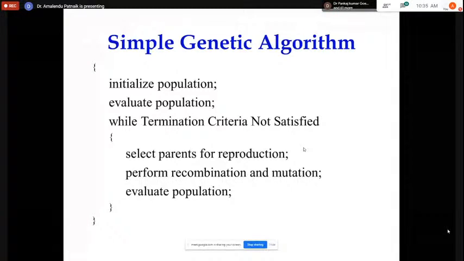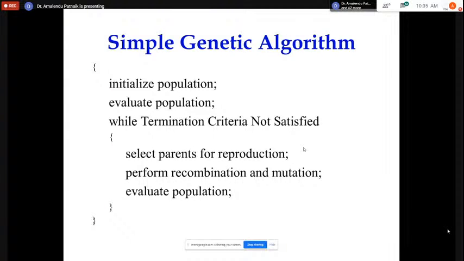The time you reach that particular criteria, the iterative process will stop at that point. You will not find much difference between these two resonant frequencies. If that is acceptable to you, then your iterative process will stop at that particular point.